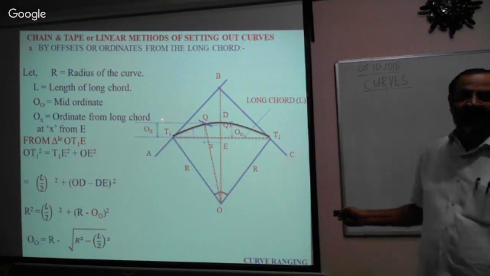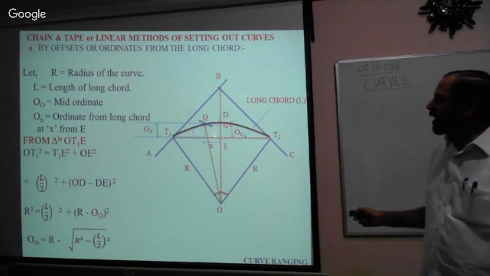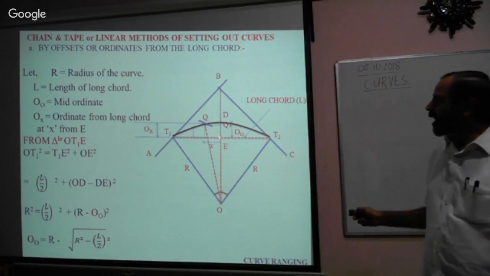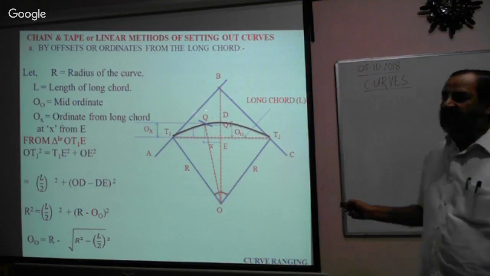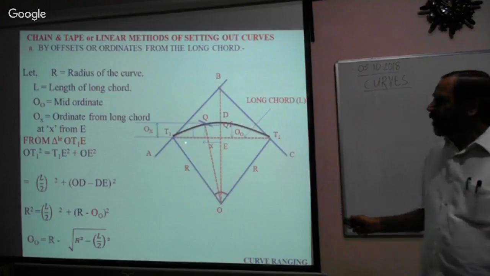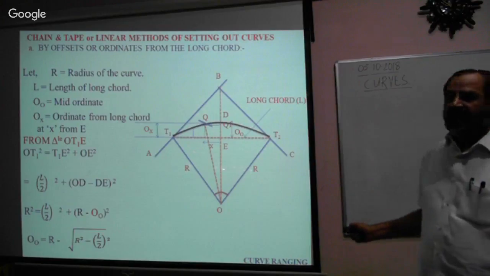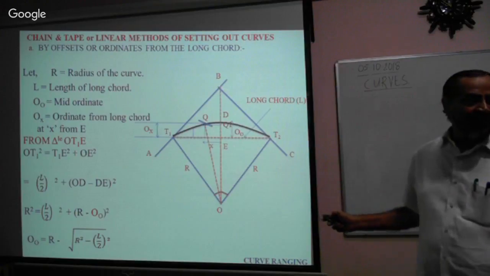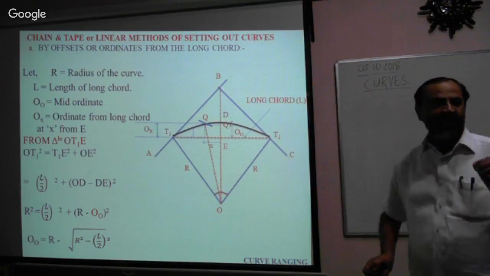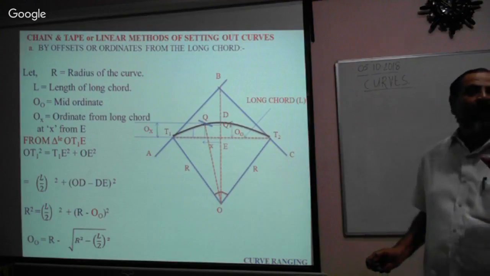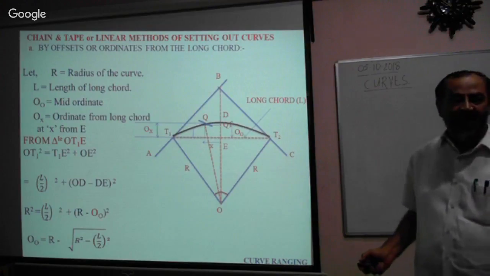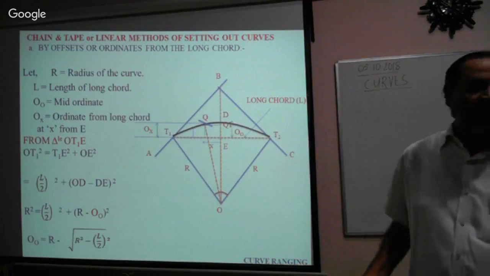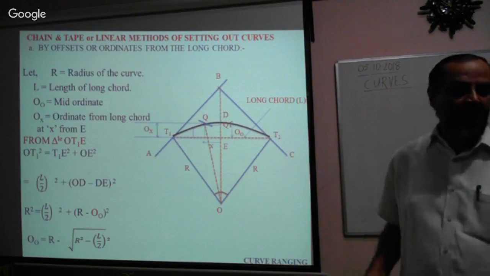This is the curve length, the long chord, tangent 1 and tangent 2, the radius, and the central angle. Now this is the linear method of arranging the curve. How to calculate it? What data are to be calculated, and which data are to be transferred to the field? Let us learn this carefully.